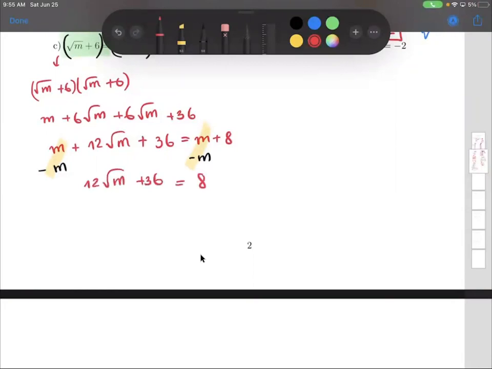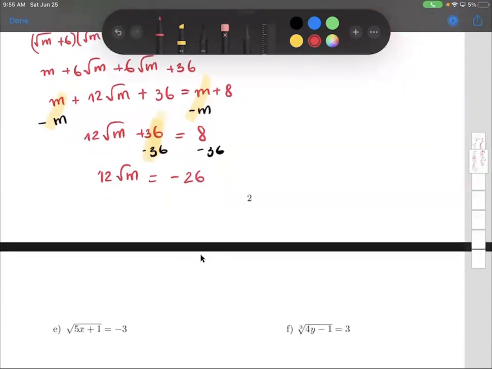Subtract 36. 12 square root of m equal negative 28? 26, right? 26. Divide both sides by 12.